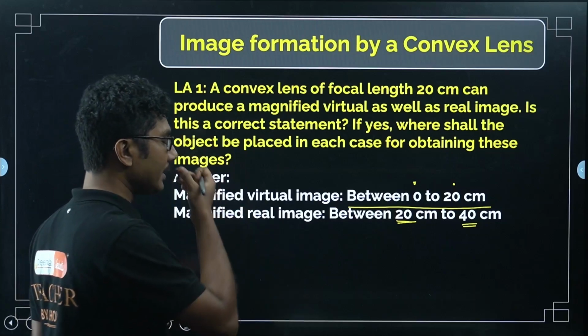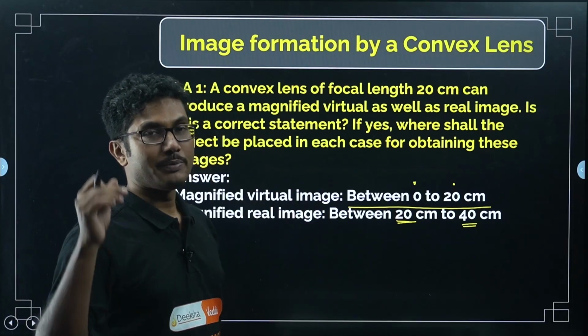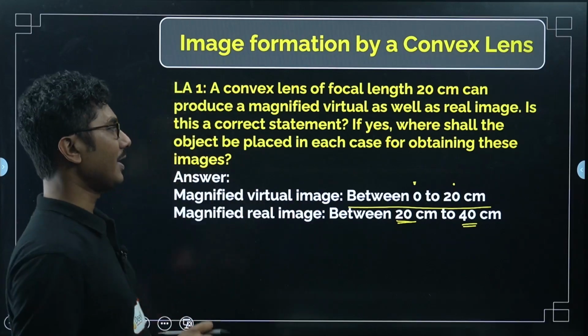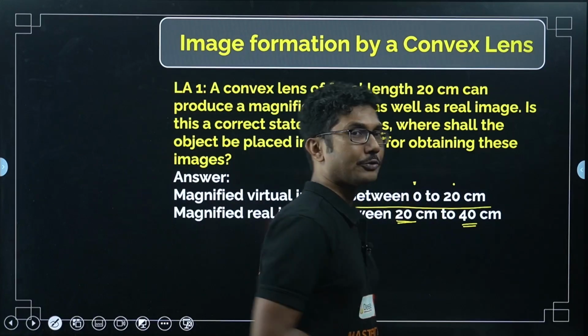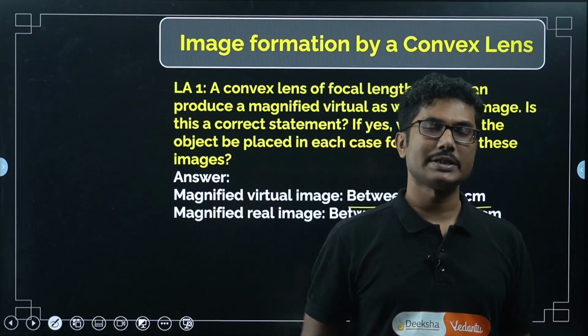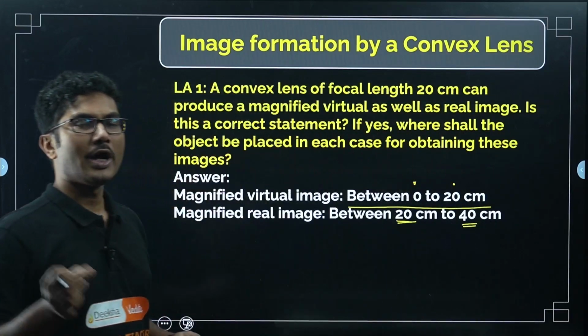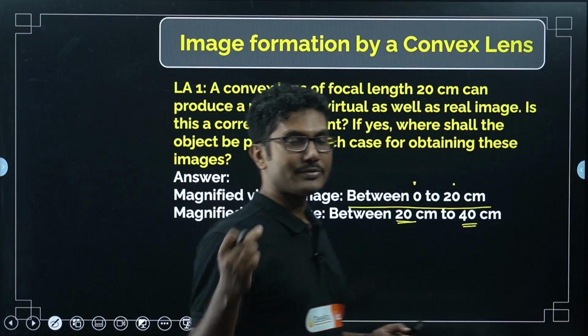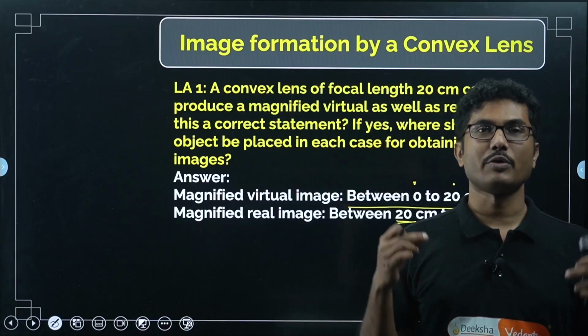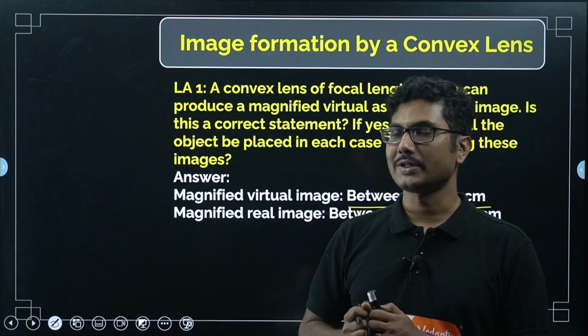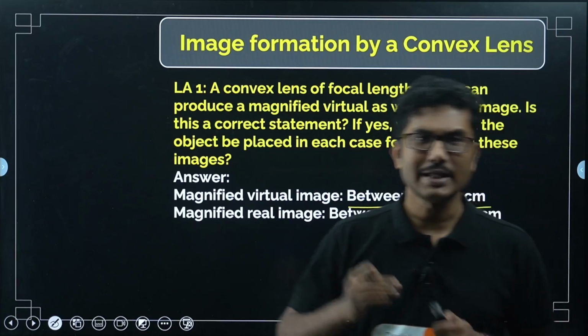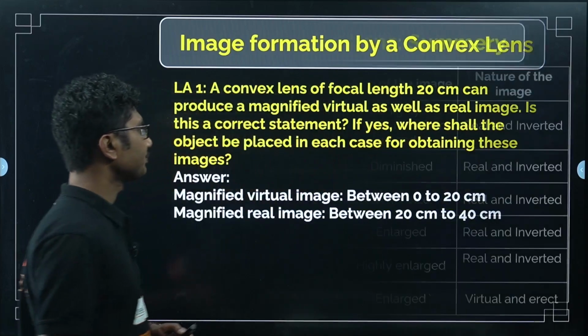In between that range the image will be real but magnified. Virtual images are always magnified in case of convex lens, similar to concave mirror. We have seen that in concave mirror virtual images are always magnified. Similarly in convex lens virtual images are always magnified, right?